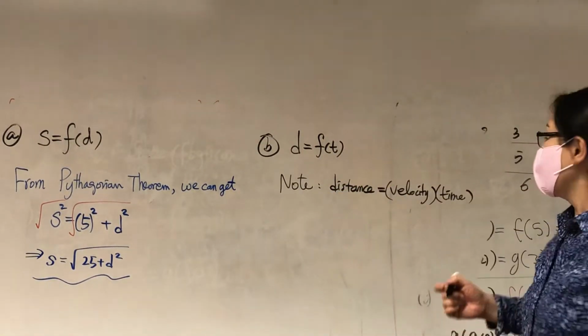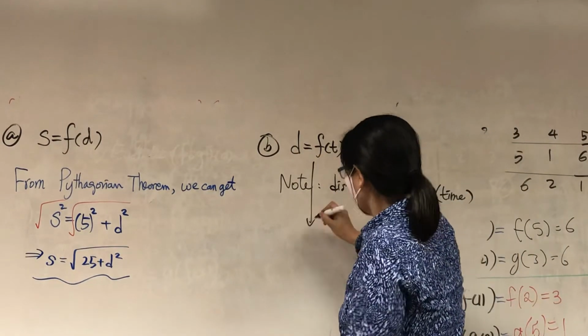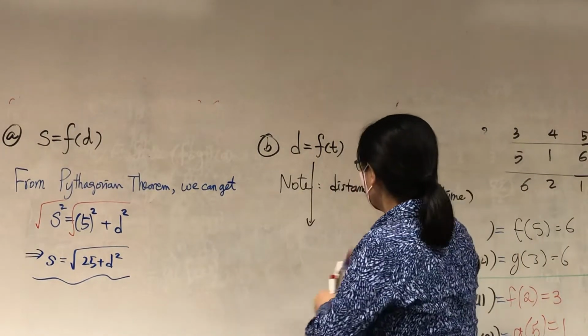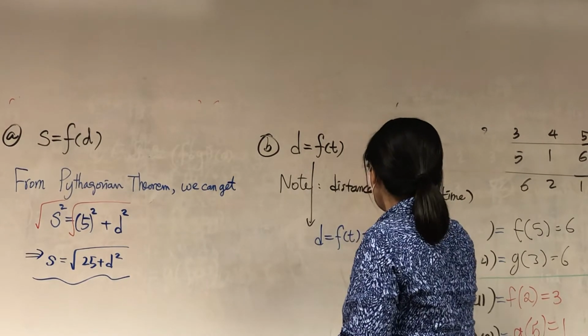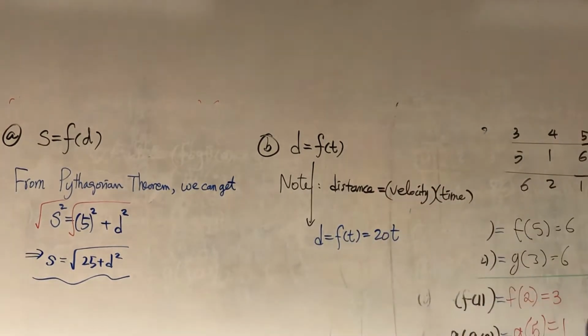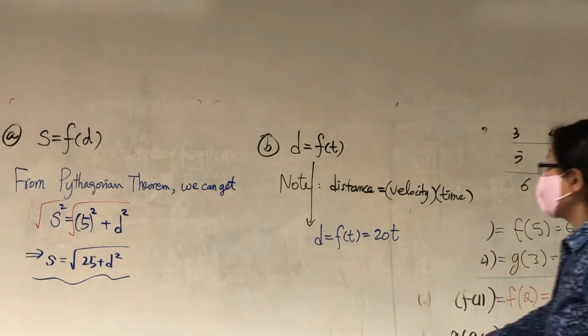So in this case, D equals f of t equals 20t. Do you understand? Okay, 20t. Then part C.